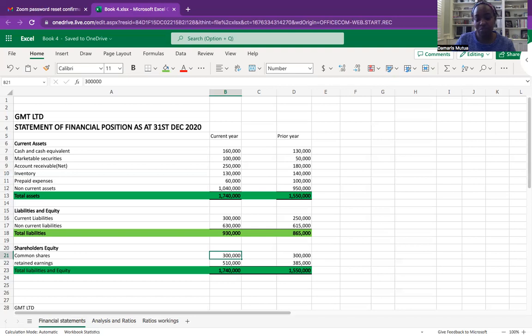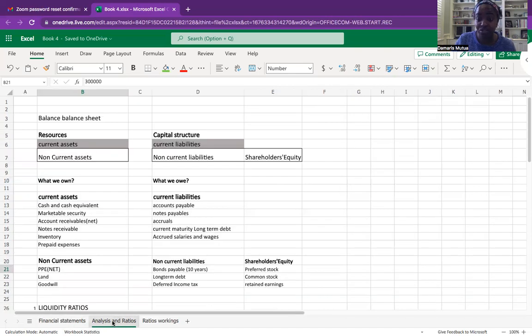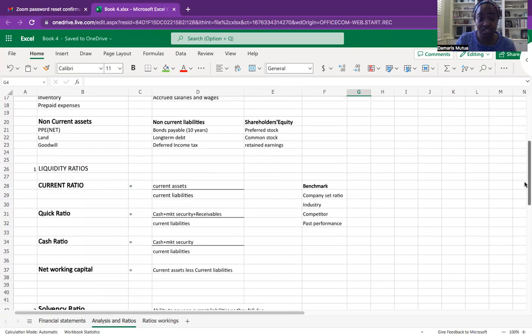In my next video, I'm going to be showing you how to analyze different ratios for the balance sheet. We know there are different ratios that show you the financial health of the organization. We have the liquidity ratios. We have the current ratio, the quick ratio, the cash ratio, and the net working capital ratio.